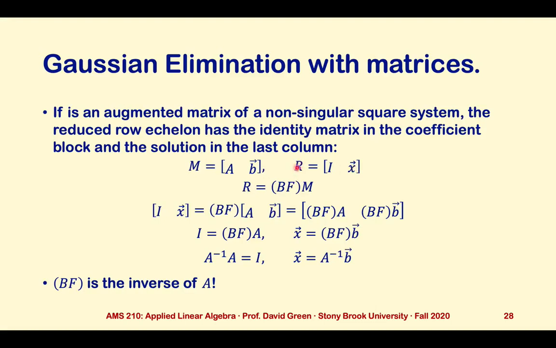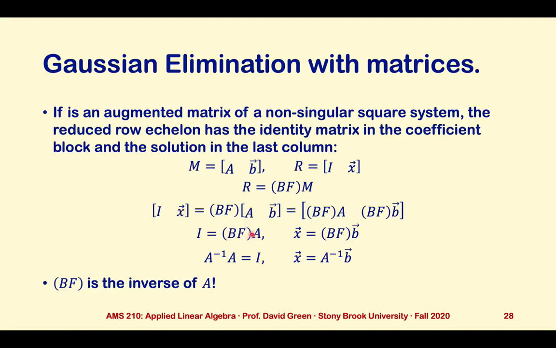We also know that we can get this reduced echelon form by multiplying BF, the matrices corresponding to Gaussian elimination, by M. Using our block matrix rule, BF times [A, b] is [BFA, BFb], but we know that this has to equal [I, x].